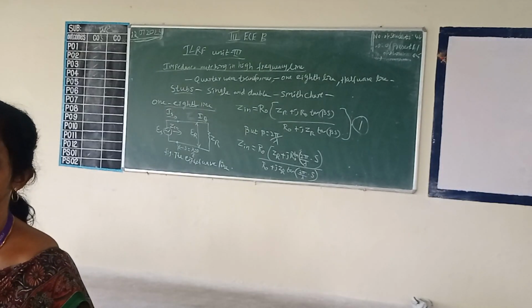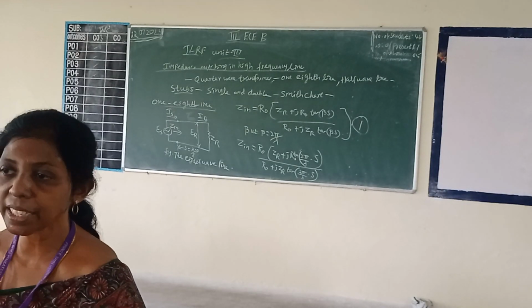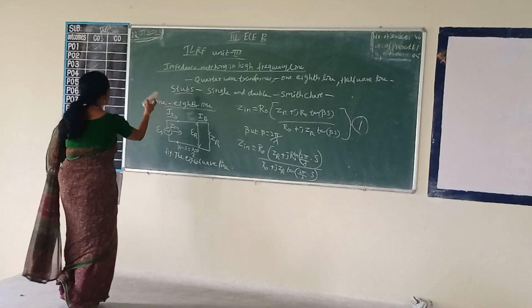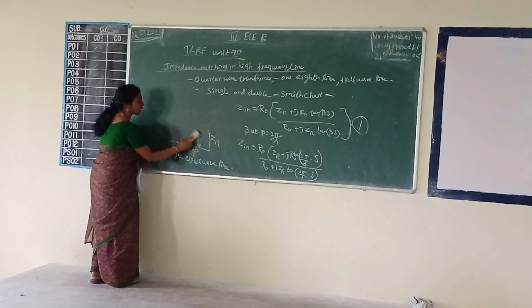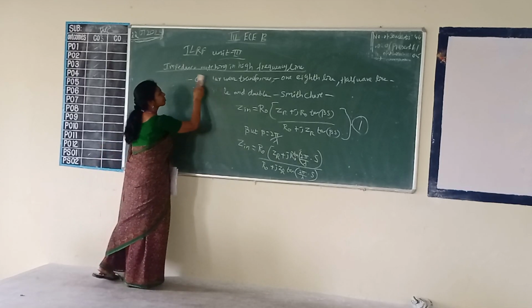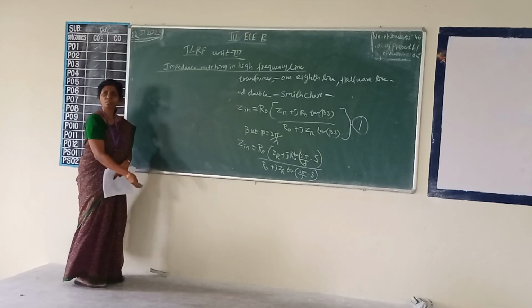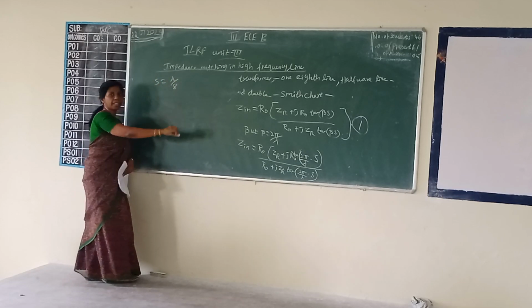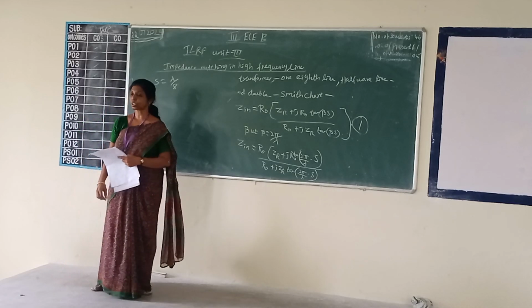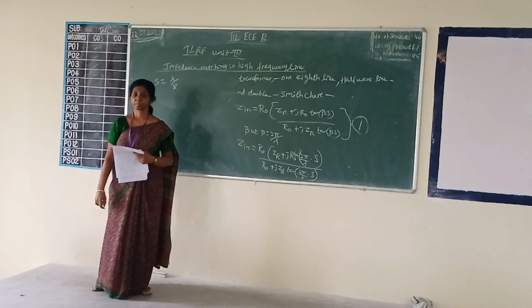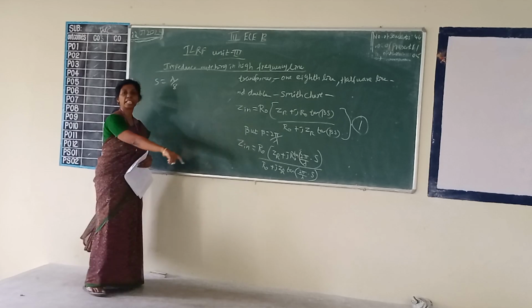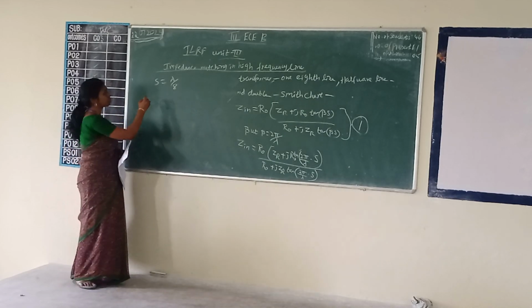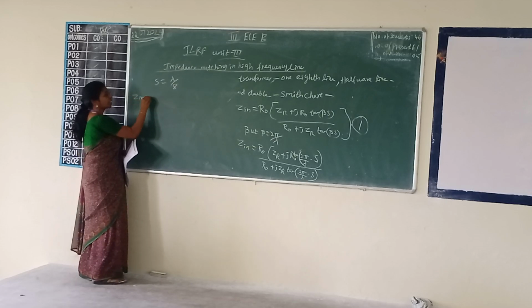For a line of eighth wavelength, S is equal to lambda by 8. Substitute S equal to lambda by 8. What do you get?